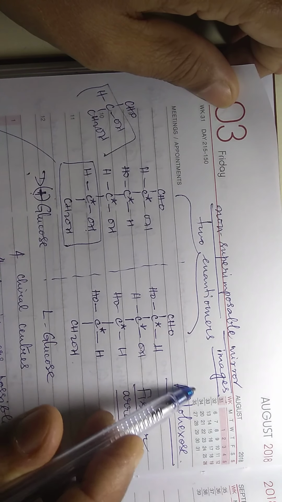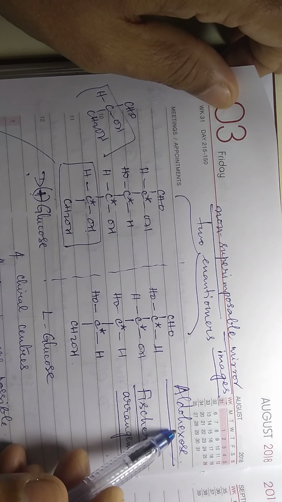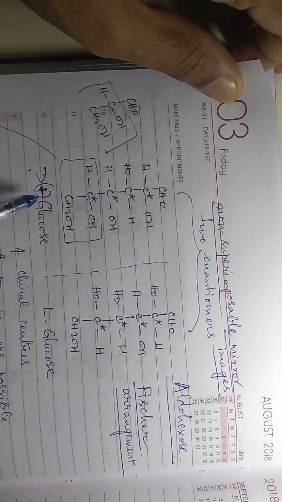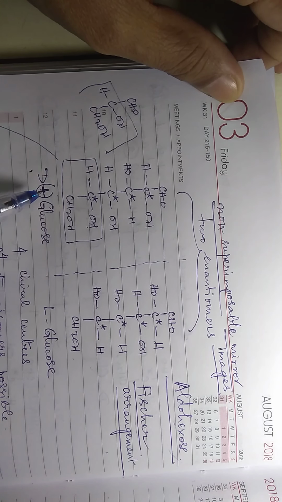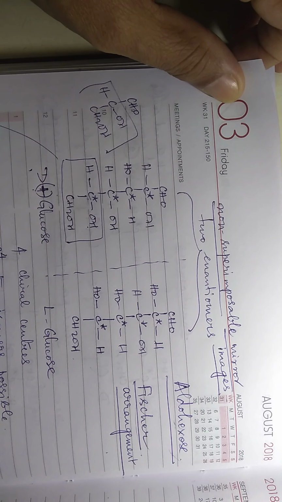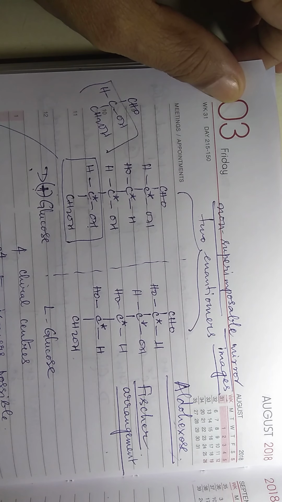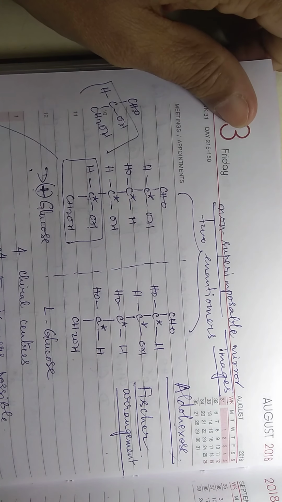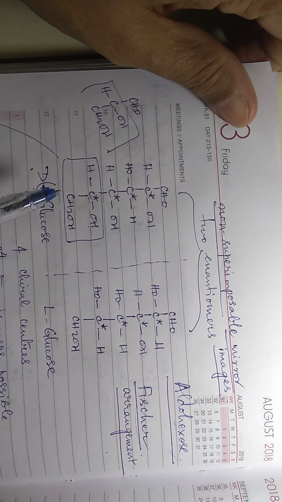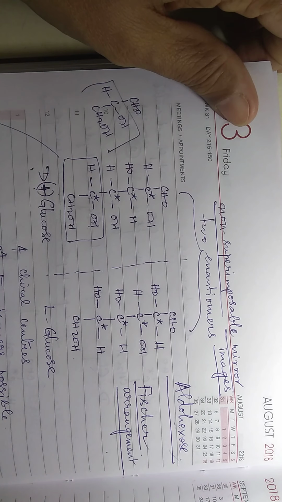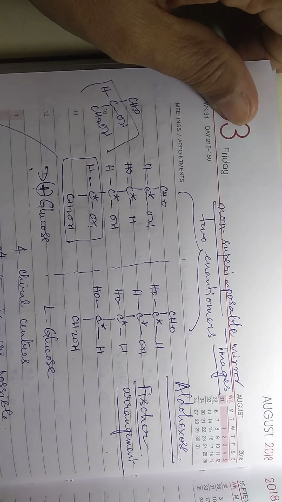And you know very well glucose is an aldohexose because it's made up of 6 carbon atoms. Right? Okay. Now what is the role of this plus? Now this plus tells you the ability of this compound to rotate the plane of polarization of light. Does it rotate it to the right or does it rotate it to the left?